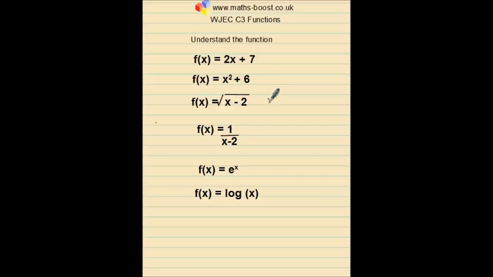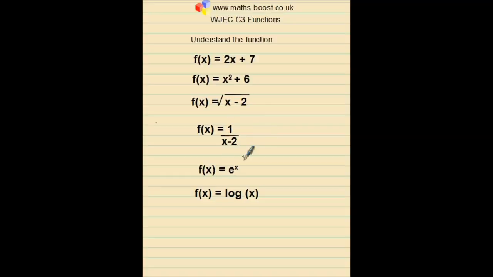At this point, again, although you'll be given the domain, what I can see straight away is that the domain must be greater than 2, because I know about the square root function. I know this must be a positive, and the only way that can be a positive is for x to be greater than 2.